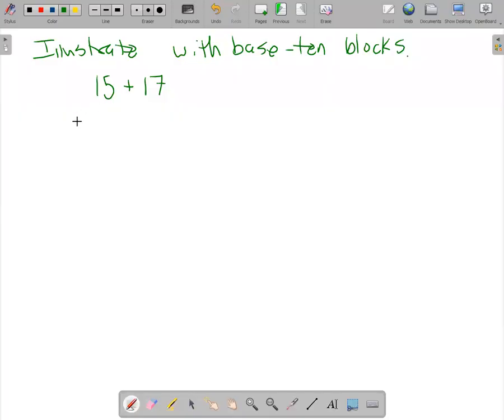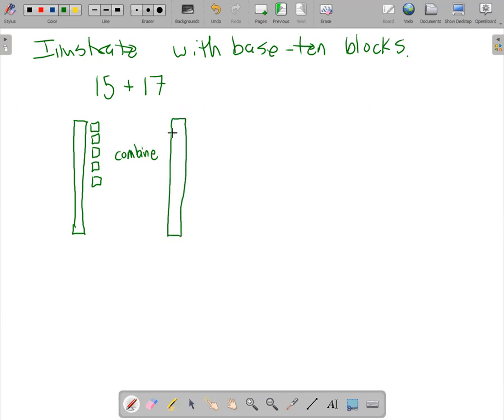All right, so I'm going to do my best drawing of this. It's my best 10 piece. Fine with 17. And then I put them together.